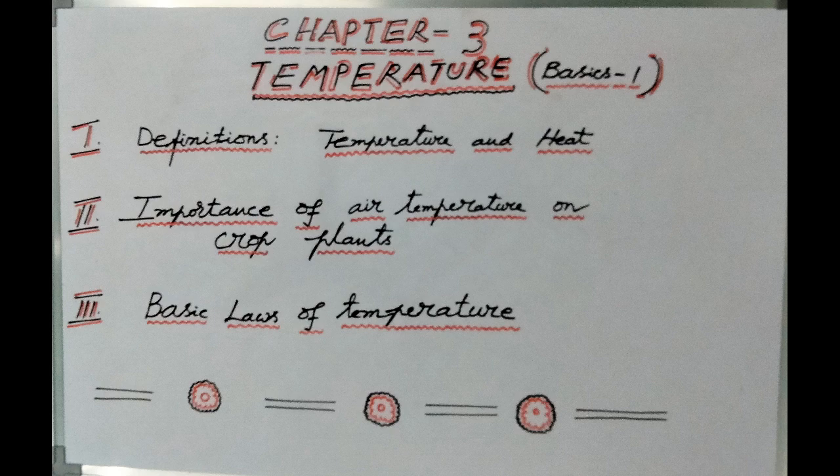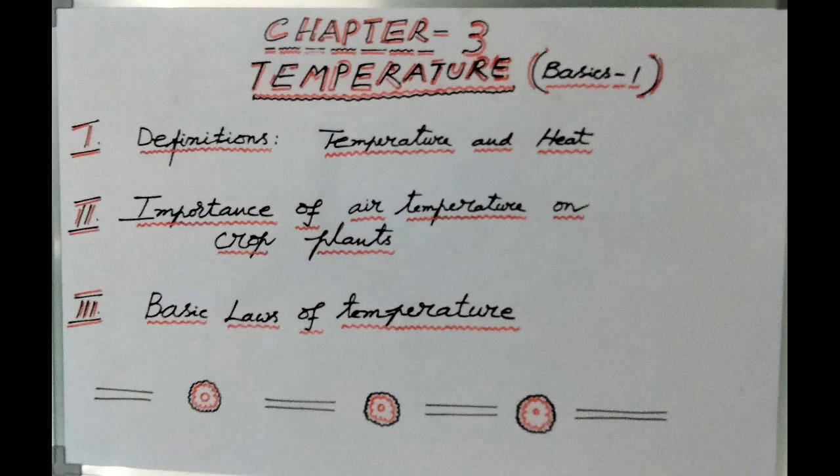What exactly does it mean? Carbon dioxide entering, water molecules going out, some gases entering, some gases leaving. All these are controlled by air temperature. The solubility of different substances in the crop plant is dependent on temperature.